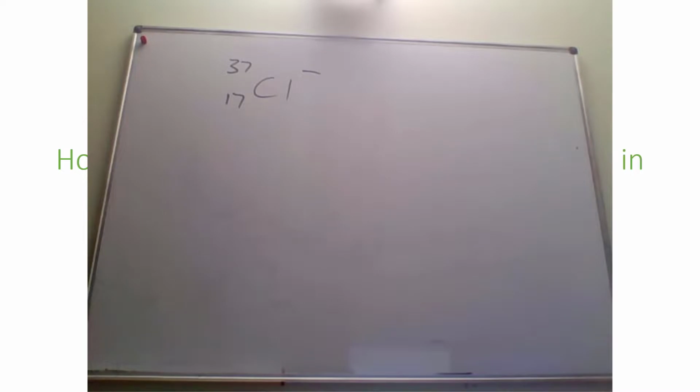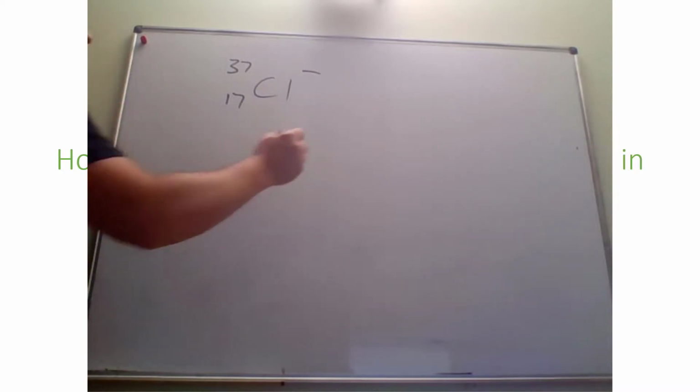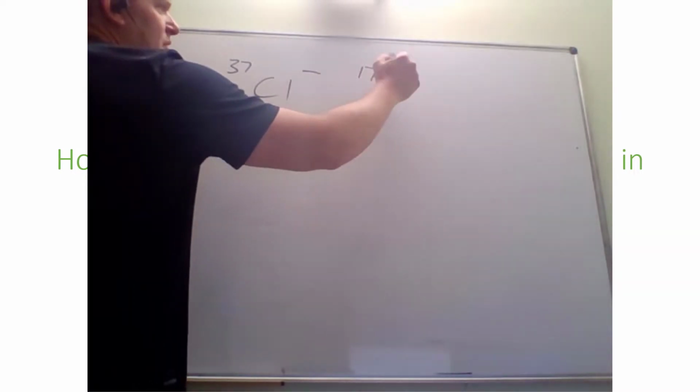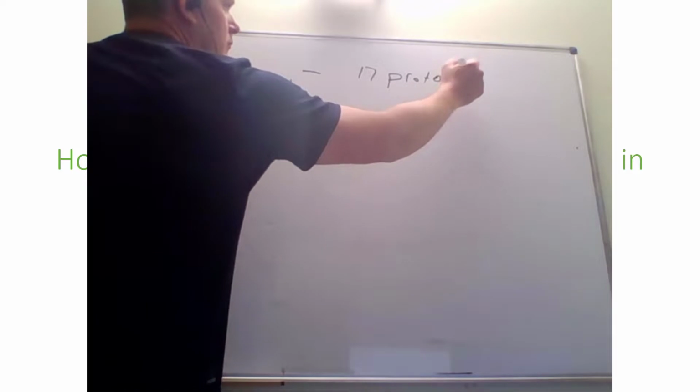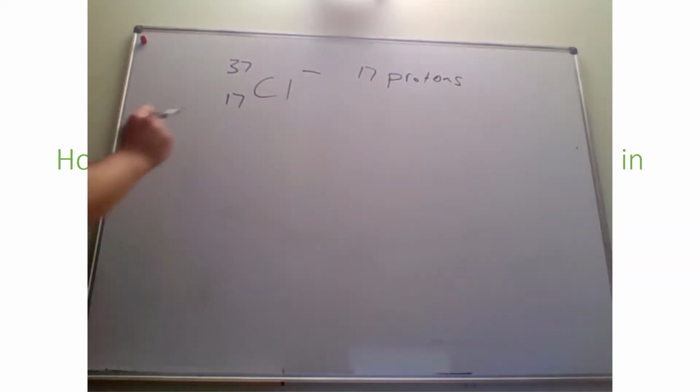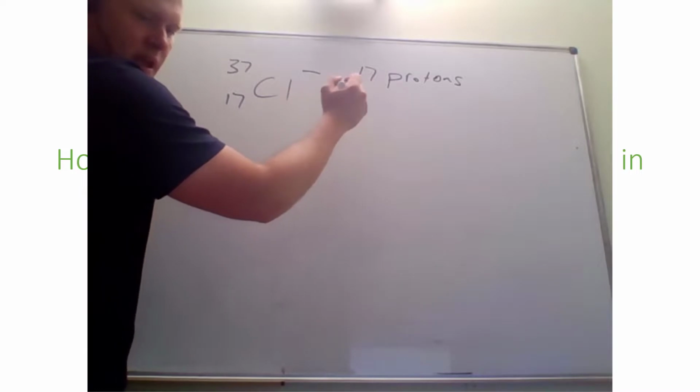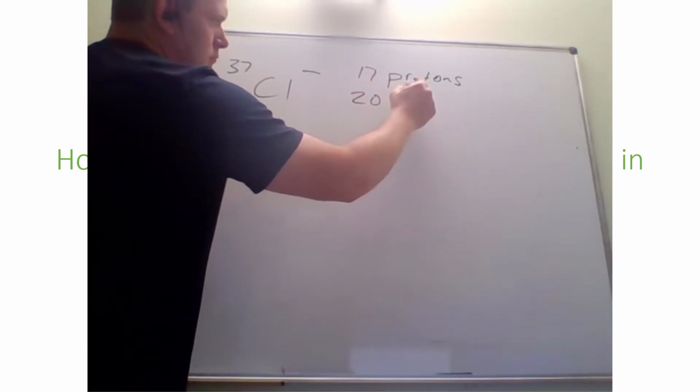So if we work out our number of protons, neutrons, and electrons, we can see that there's going to be 17 protons. Our number of neutrons will be 37 minus 17, so that's going to be 20 neutrons.